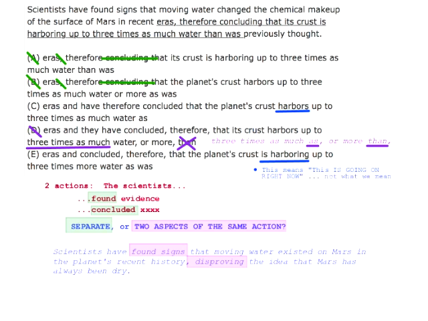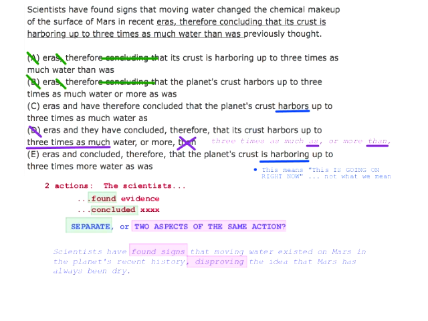Because if you look at the sentence, you're actually talking about evidence from recent eras, which is still from the past. So we're not talking about what is going on right now, although we could be talking about general truths here. So to figure out what this really means, this is back to step 1 again.